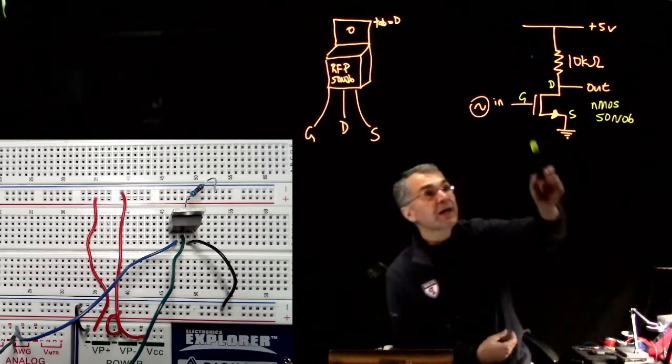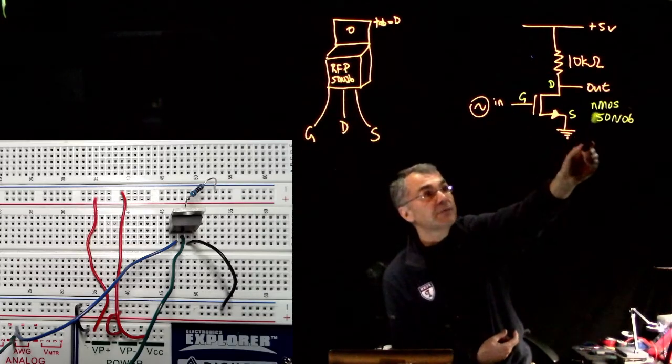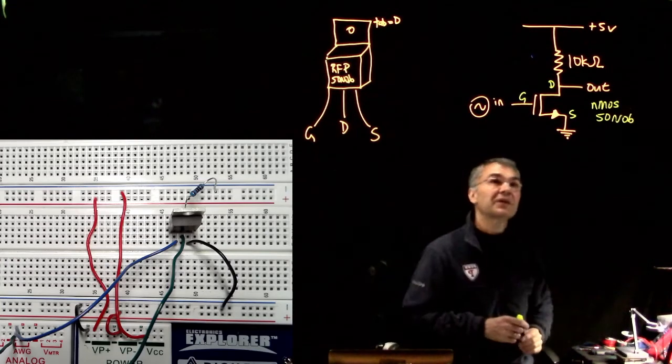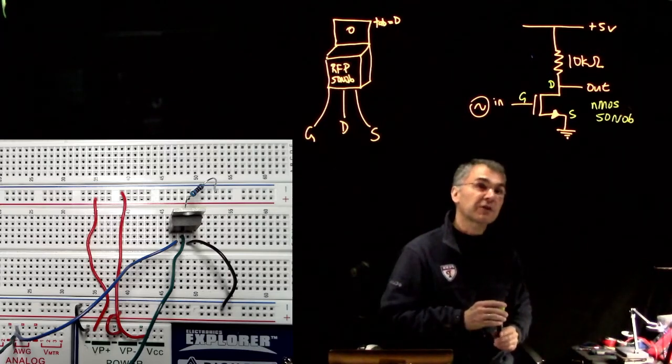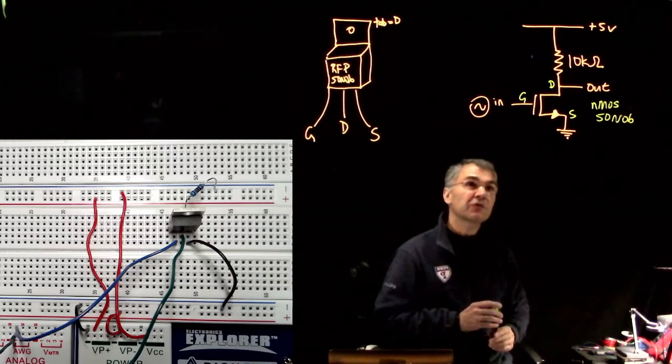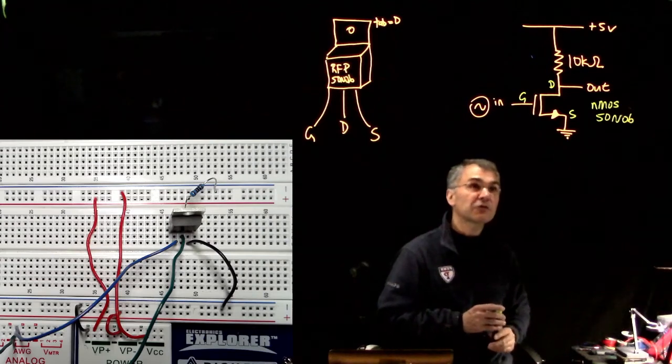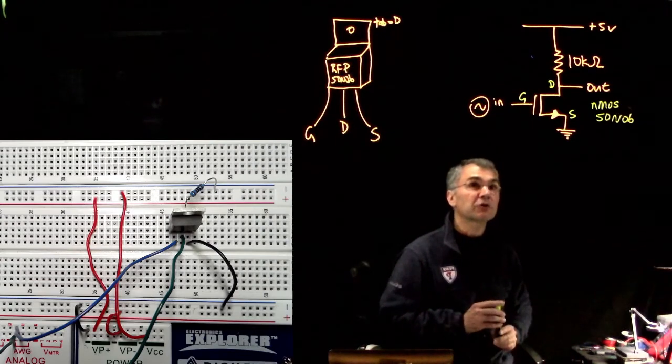So here we have an enhancement mode, N-channel MOSFET, which is pretty analogous to an NPN bipolar transistor.